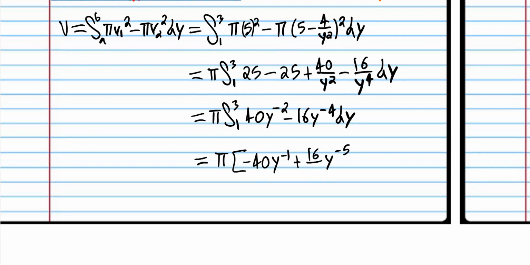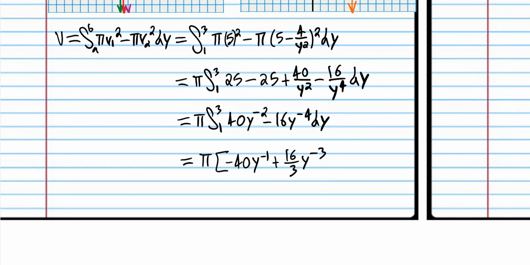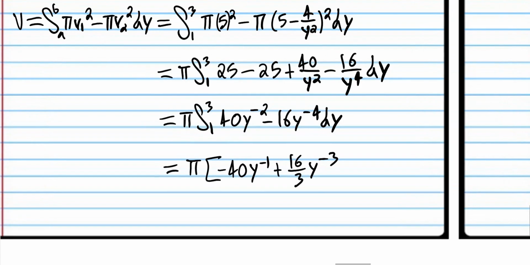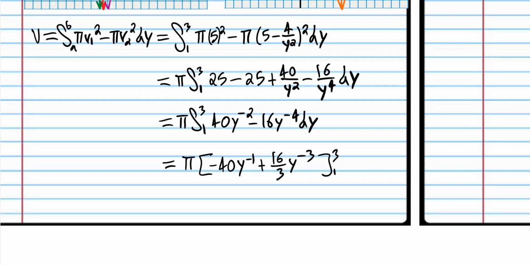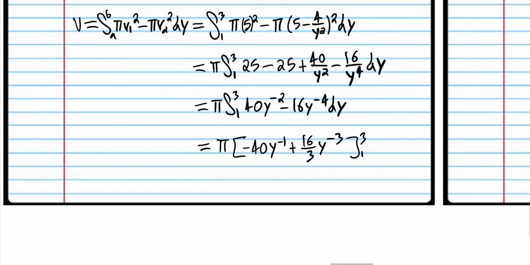And actually that's going to be a 3 now that I think about it. Okay, so let's double check all that, make sure we did it correctly. Everything looks right. But we don't know how to analyze these expressions like this, so we're going to change to negative 40 over y plus 16 over 3y cubed.